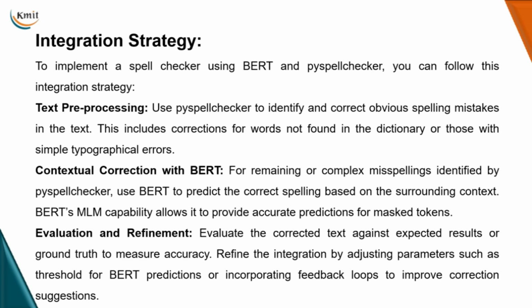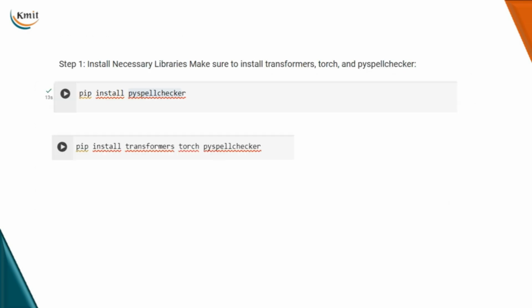Then contextual correction with BERT: the pre-processed text is given to BERT for the remaining, complex misspellings identified by Pyspellchecker, and BERT corrects the spellings with respect to the context. MLM in BERT can provide accurate predictions for masked tokens, and after this I go for evaluation and refinement.